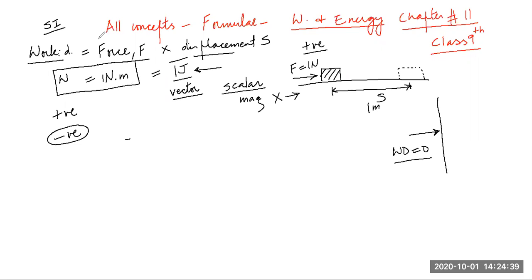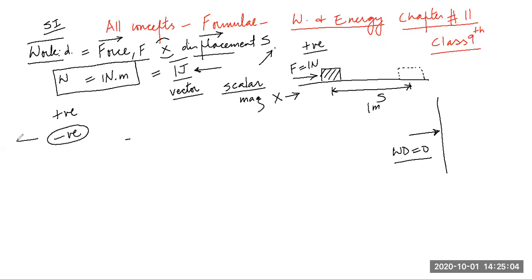Very interesting to see. Force also is a vector quantity, has direction. Displacement is also a vector quantity, has direction, but their product is a scalar quantity. All right. In later classes, you will understand that work done is a dot product. What is that? To be learned in the later classes. Dot product is always a scalar product.